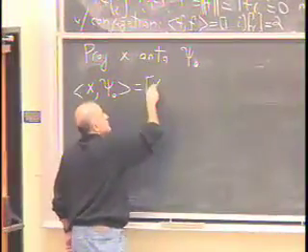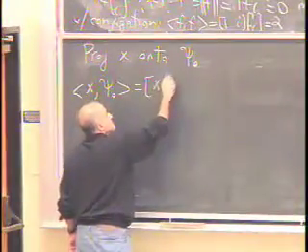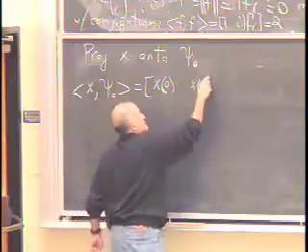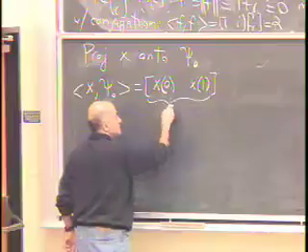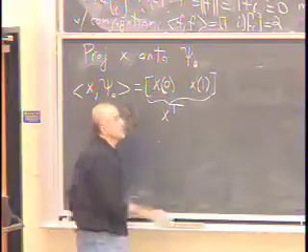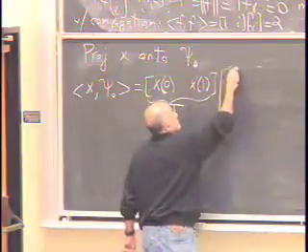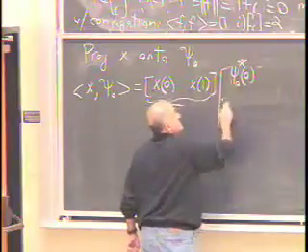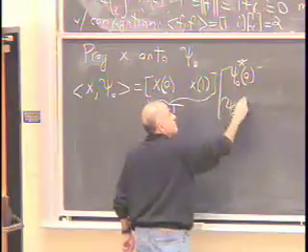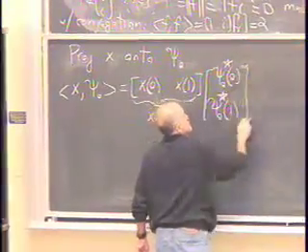Which means I'm looking at x0, x1, that's my vector, x transpose, into C0,0 complex conjugate, C0,1 complex conjugate.